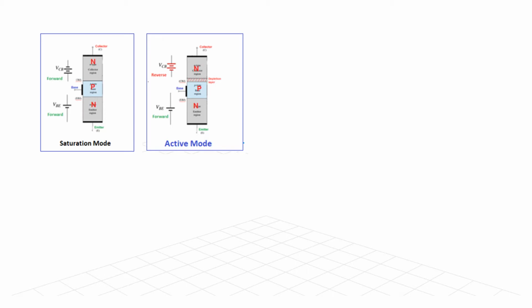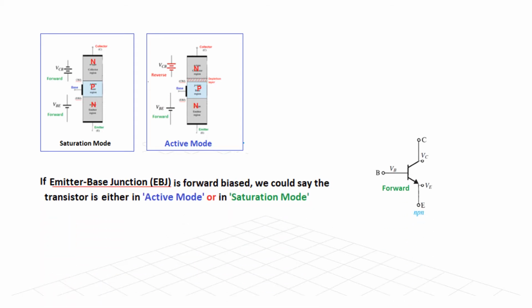So we are only left with this. Now if you note, both of these have base emitter forward biased. So when base emitter is forward biased, there could be two situations, as we can see from here. The circuit could be either in active mode or in saturation mode.